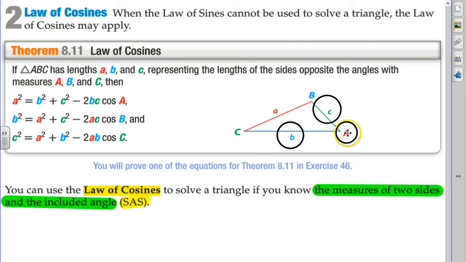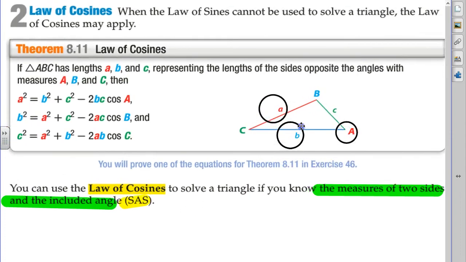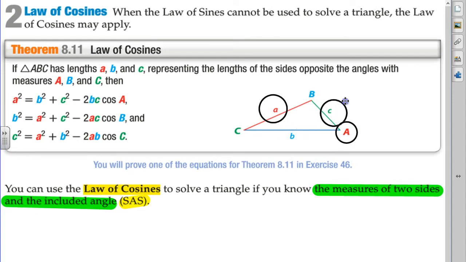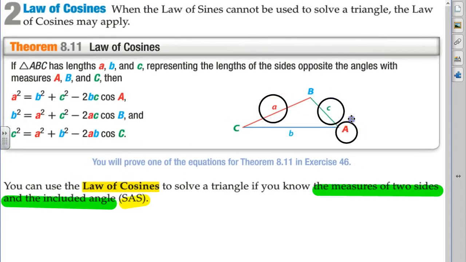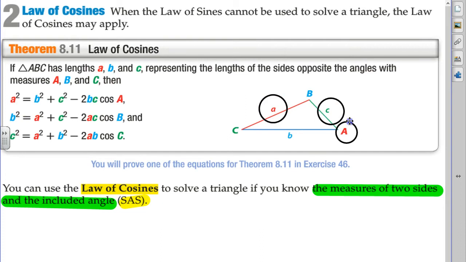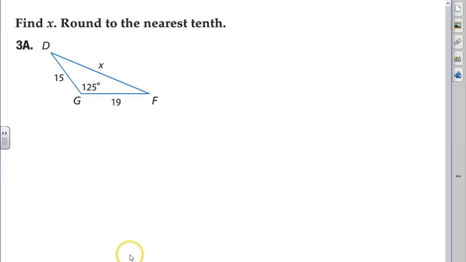B, C, angle A. If I were solving for side B, I would need to know side A and side C, AC, angle B. So I'm solving for side B. And if I'm solving for side C, okay, it's A and B and C again. So for this one, that's all I have to do, is just set that up.